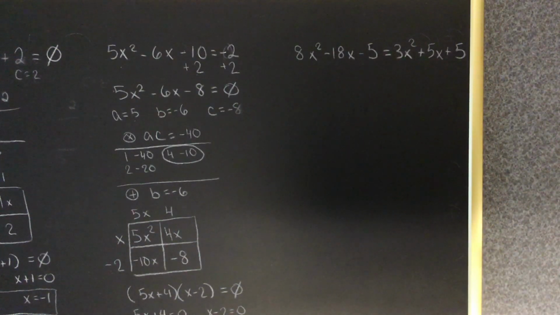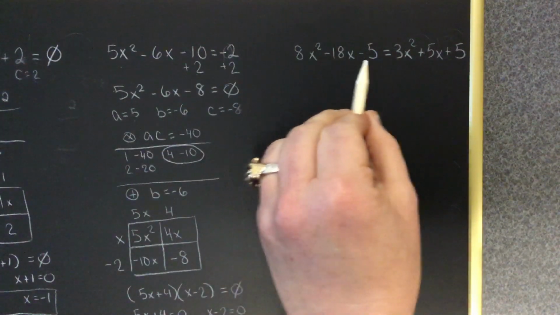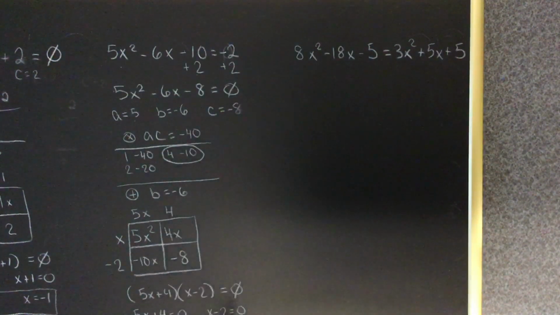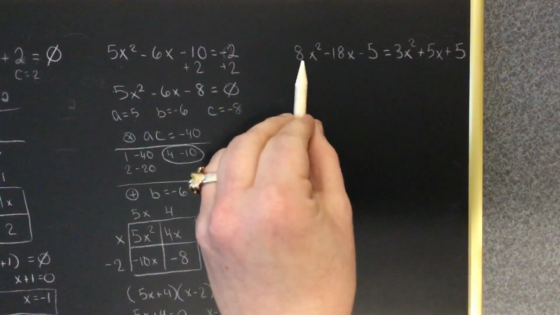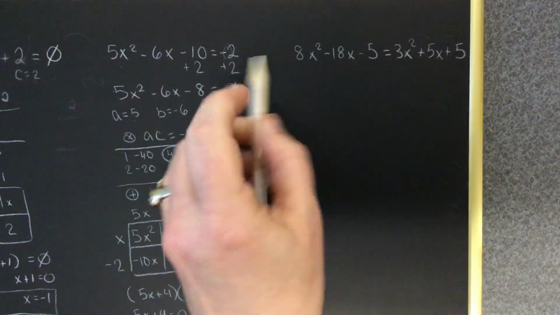And so what we need to do, remember we cannot start factoring or solving until everything is set equal to 0. So either we need to move everything here over to this side, or we need to move everything here over to this side. I'm going to pick the side that has the bigger x squared coefficient, so I'm going to move everything to this side.